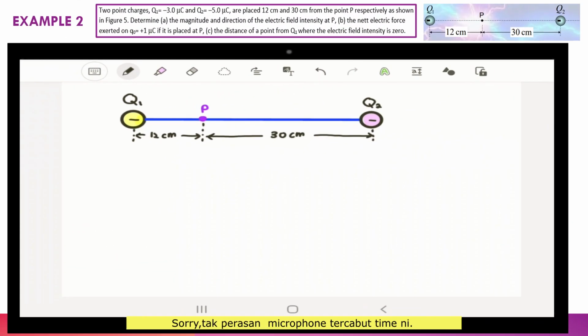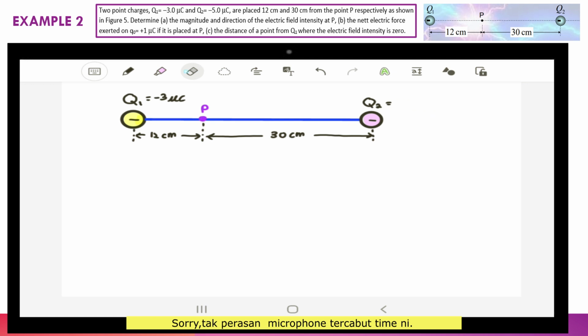Okay, so now example 2, we have 2-point charges. Q1 is negative 3 microcoulomb. And Q2 also a negative charge, which is negative 5 microcoulomb.